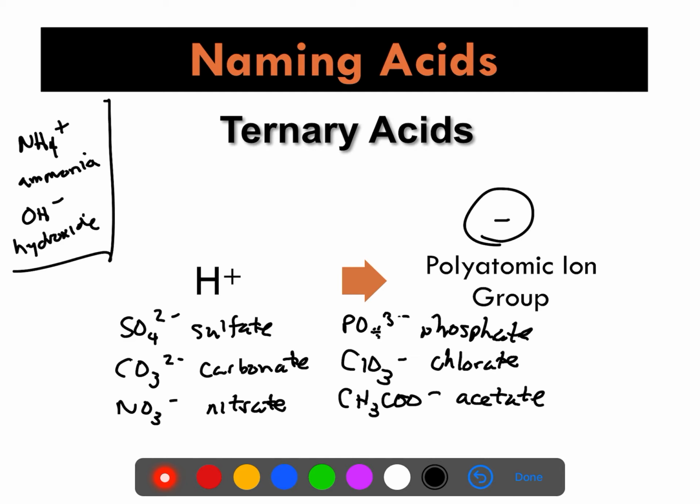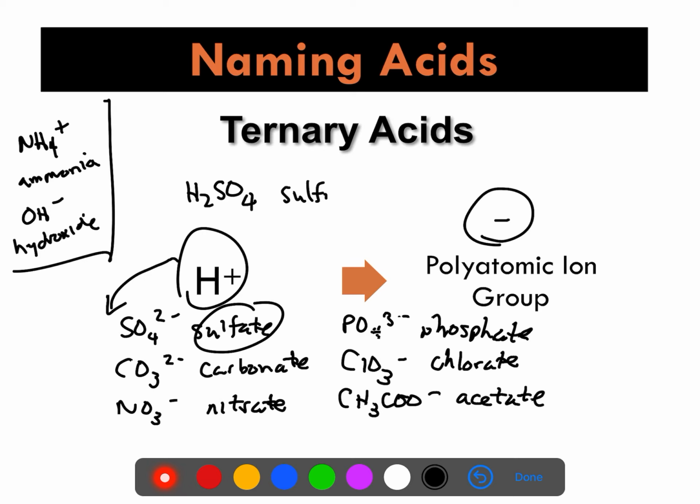Okay, so whenever it comes from a polyatomic ion, the number of hydrogens in the formula, you use the amount that's needed to balance the charge. So if we were to add 2 hydrogens to sulfate, we would get H2SO4. And the naming is you take the name of the group, get rid of the ATE, and substitute in ic, so this becomes sulfuric acid.